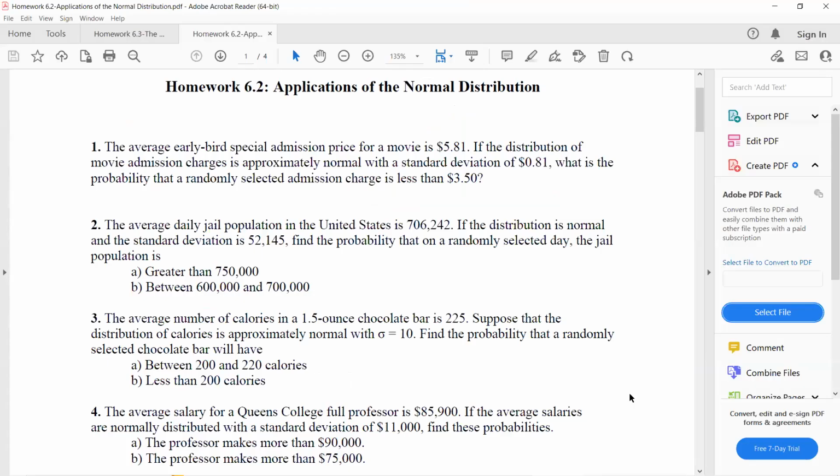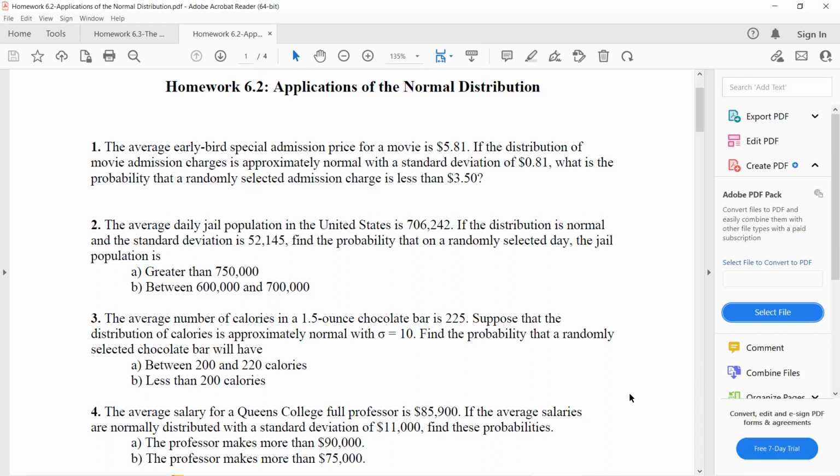Number 2 says, the average daily jail population in the United States is 706,242. If the distribution is normal and the standard deviation is 52,145, find the probability that on a randomly selected day, the jail population is.